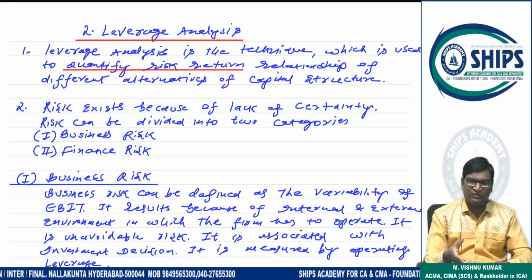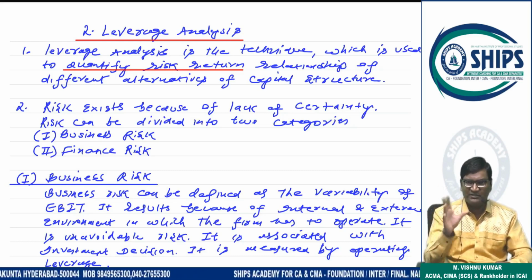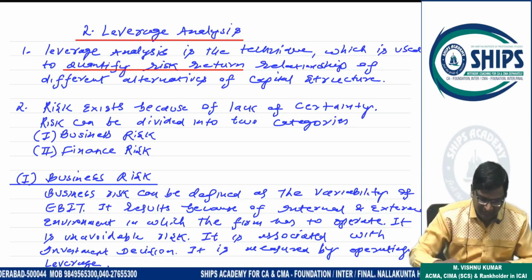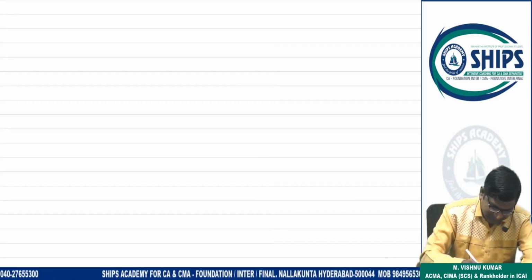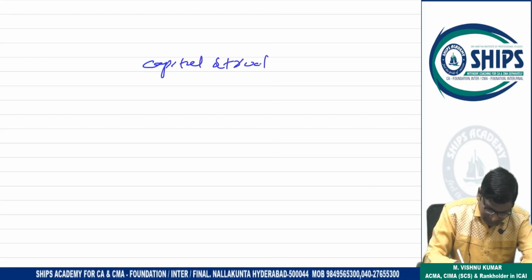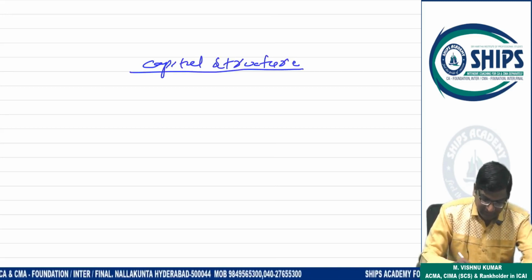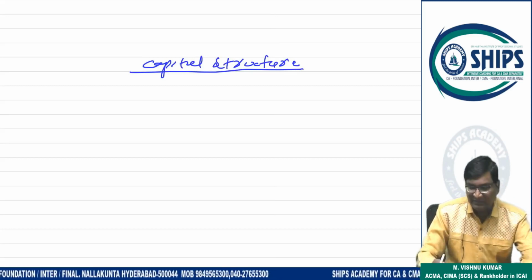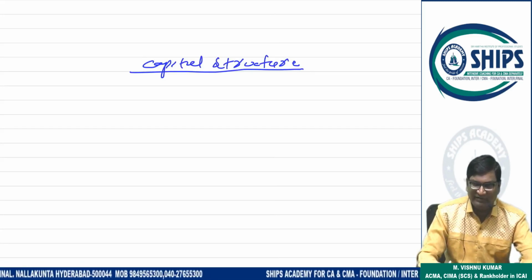That's why this chapter is called leverage analysis. Leverage means, suppose you have one capital structure. Capital structure means what? First you should understand. Yesterday I explained that this subject you have to learn from the corporate, company point of view, not from a partnership firm or proprietary point of view.